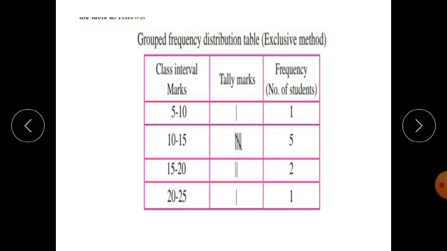So the scores 10.5 and 15.5 can be included in the classes 10 to 15 and 15 to 20 respectively. 10.5 here, then 15.5 here.